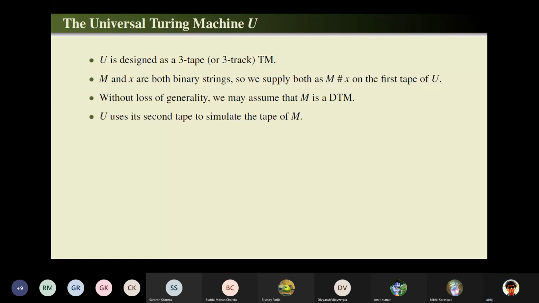U uses its second tape to simulate the tape of M. And it uses the third tape to do some kind of rough work. For example, in this case, it's storing the state of M and the head position.